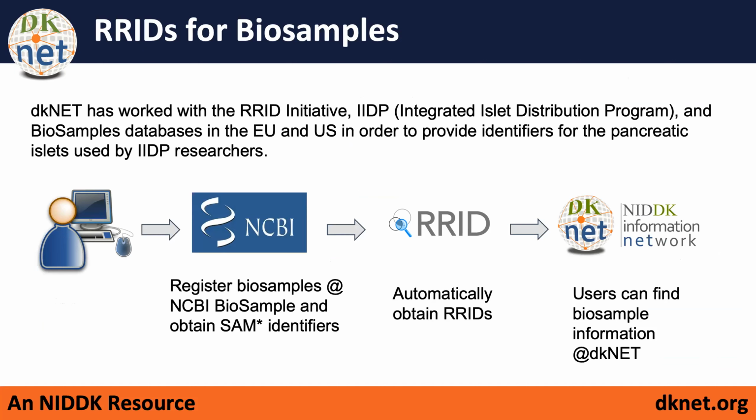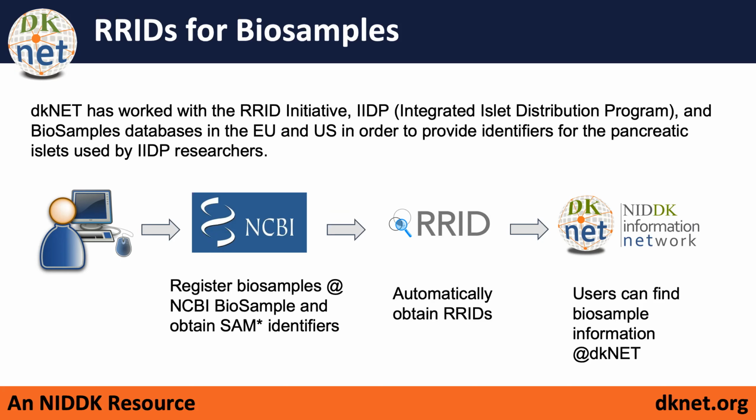And just to give a little information on how this works, at dkNET, with Biosamples for example, we've worked with the Research Resource Identifier Initiative and the Integrated Islet Distribution Program to help find a way to uniquely identify their biosamples.